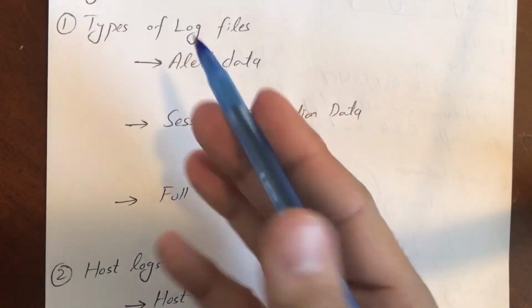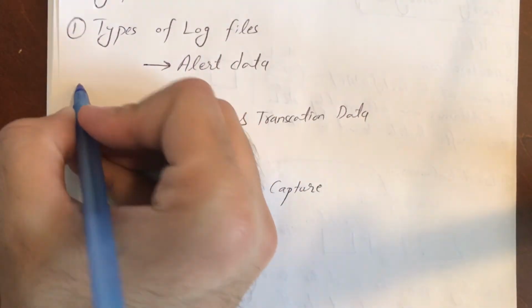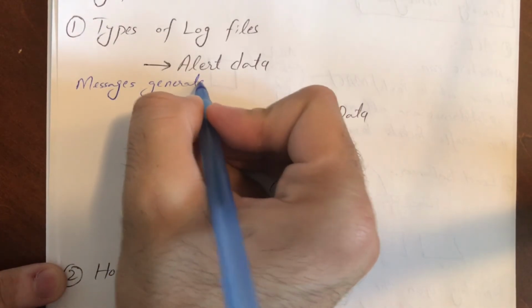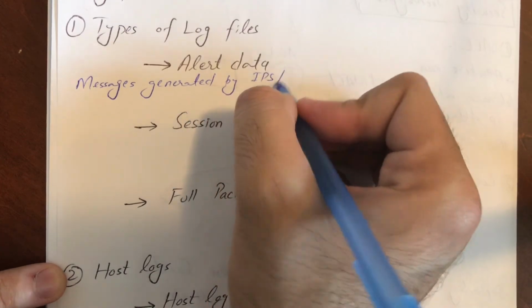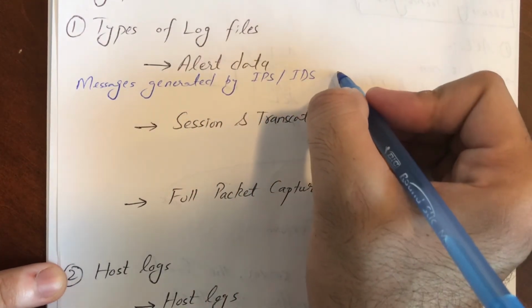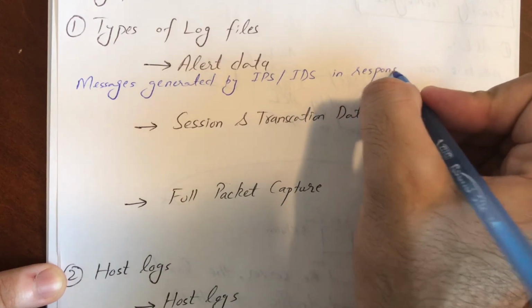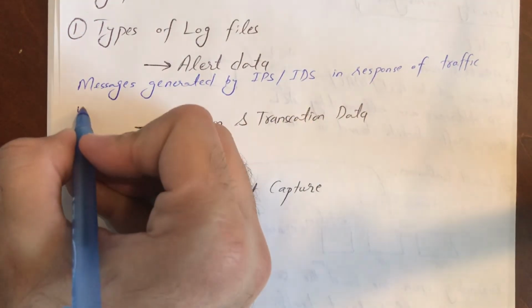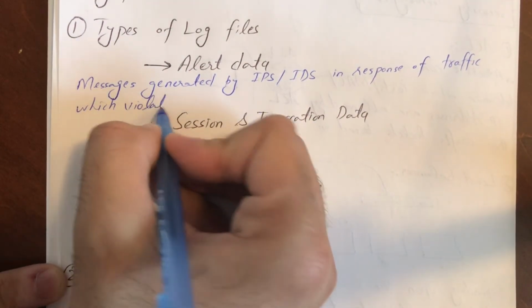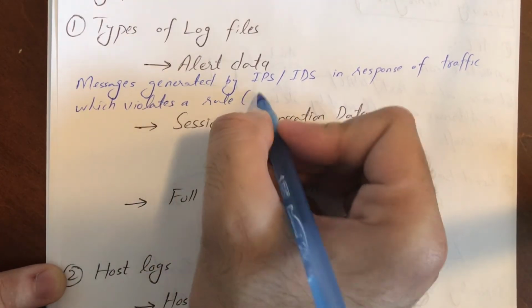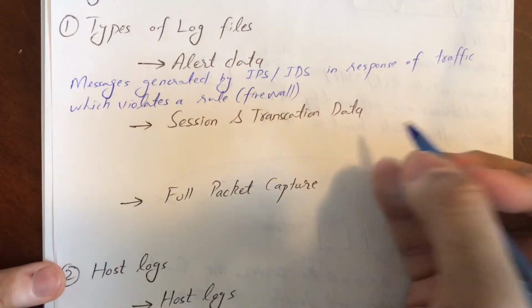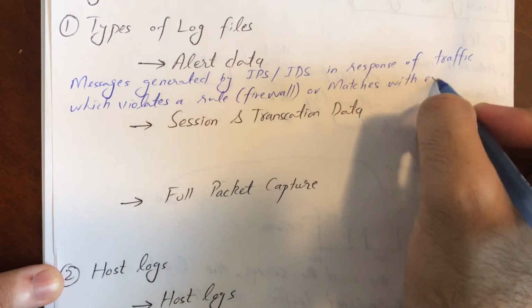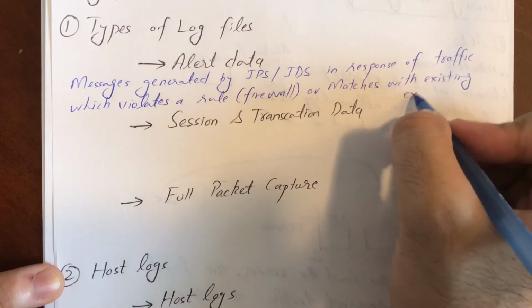Alert data, the first type of log file. Alert data is basically messages generated by an intrusion prevention system or intrusion detection system in response to traffic which violates a rule of a firewall, or security rules, or matches with an existing exploit.